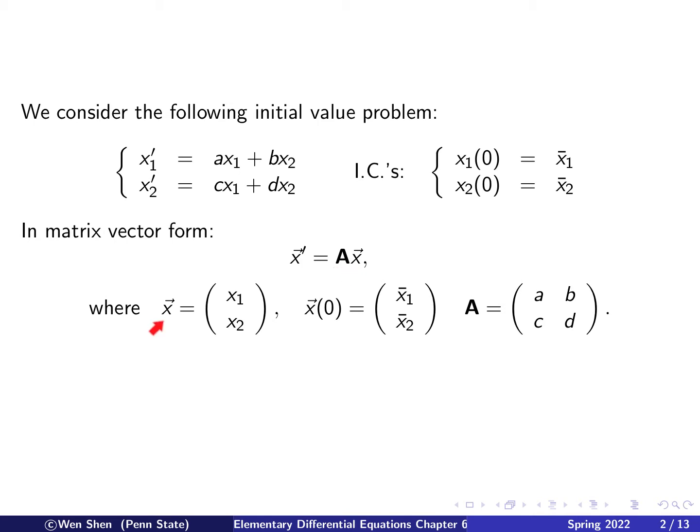Here the X vector is just the vector containing the unknowns, x1 and x2, and the matrix A is the matrix of the coefficients, here a, b, c, and d, which one sees here. And then the initial conditions will be given as a vector. X vector at 0 is this vector, x1 bar and x2 bar.